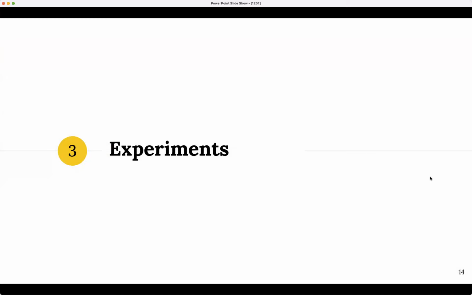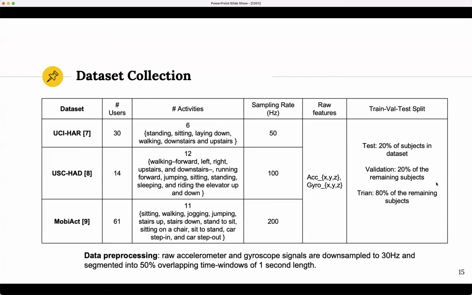The final part is the experiment. The datasets used in the experiments include USC-HAD, UCI-HAR, and MobiAct. Those are very popular public datasets in human activity recognition. And here I list their number of users, their number of activities, and their sampling rates of the device.